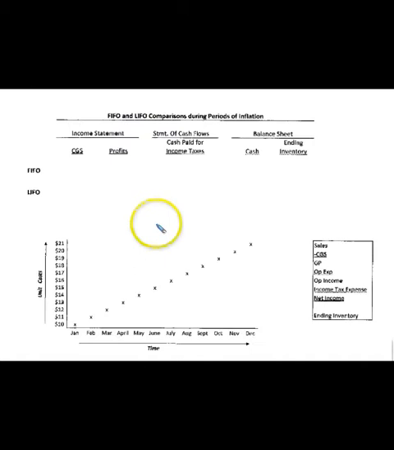The last thing I want to look at is just some big picture stuff of FIFO and LIFO. And again, during periods of inflation. So I just kind of drew a chart here, time's going by and prices are going up. So if I buy goods in September, it's going to cost me more than what the goods did in January. So let's go back and look at, well, what difference does it make?